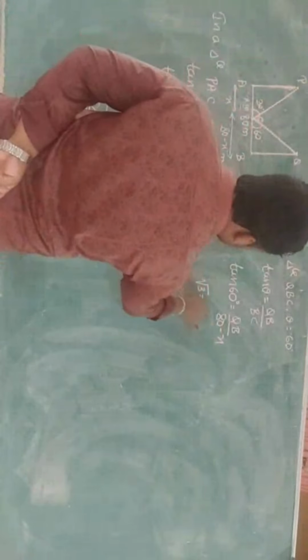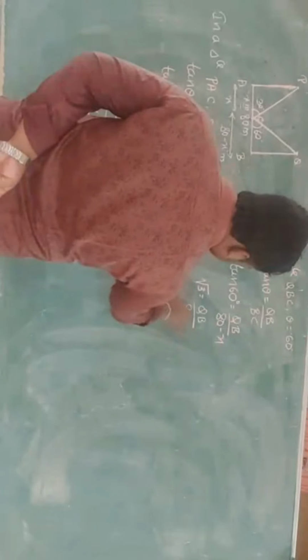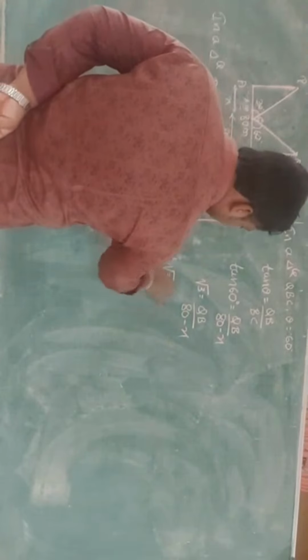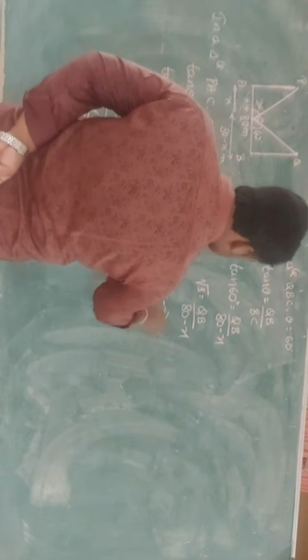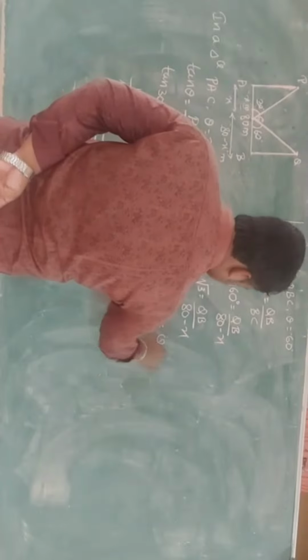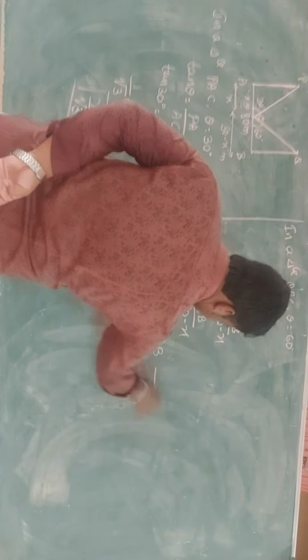So tan 60 degree is equal to QB, don't know, write as it is, and BC is 80 minus x. Tan 60 degree, root 3 is equal to QB upon 80 minus x. So cross multiplication, root 3 into 80 minus x is equal to QB. Call it as equation number 2.